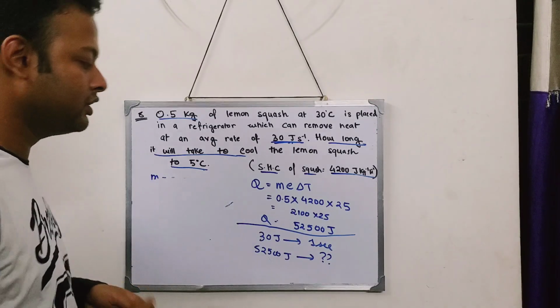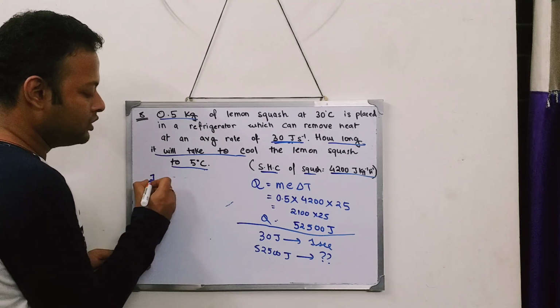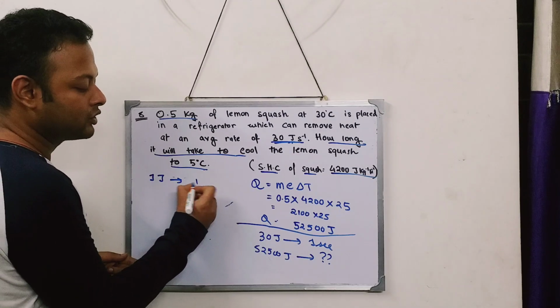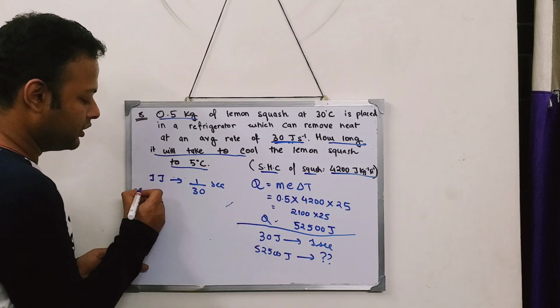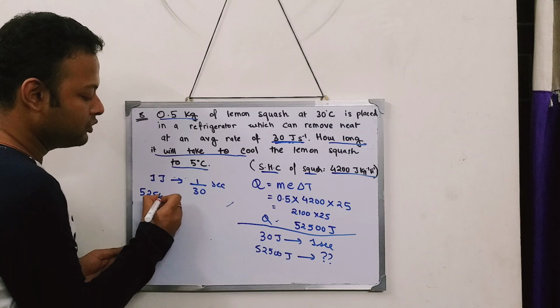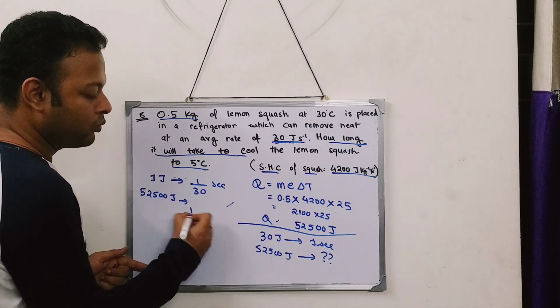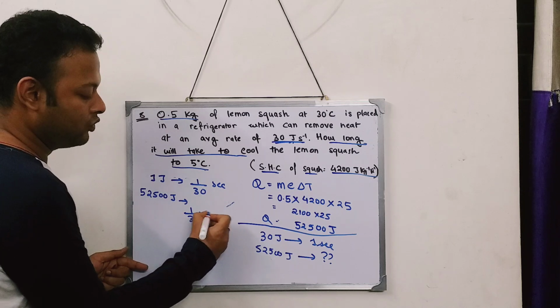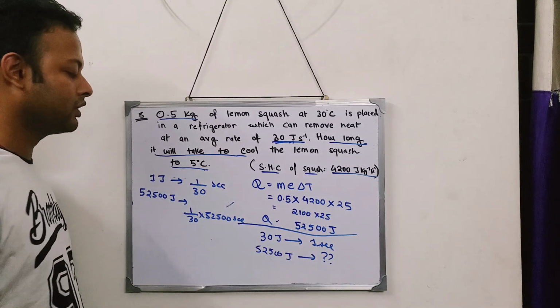So 30 joules of heat can be removed in 1 second. So 1 joule of heat can be removed in 1 by 30 seconds. And 52500 joules of heat can be removed in 1 by 30 into 52500 seconds. Just the unitary method.